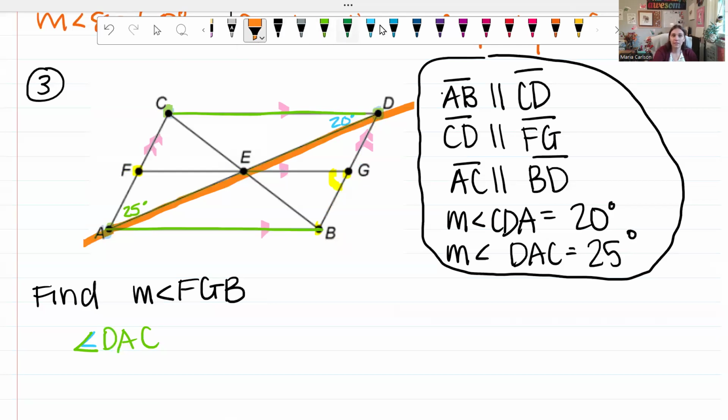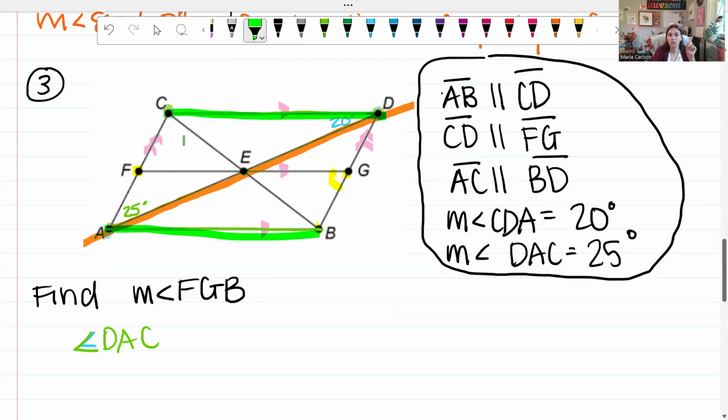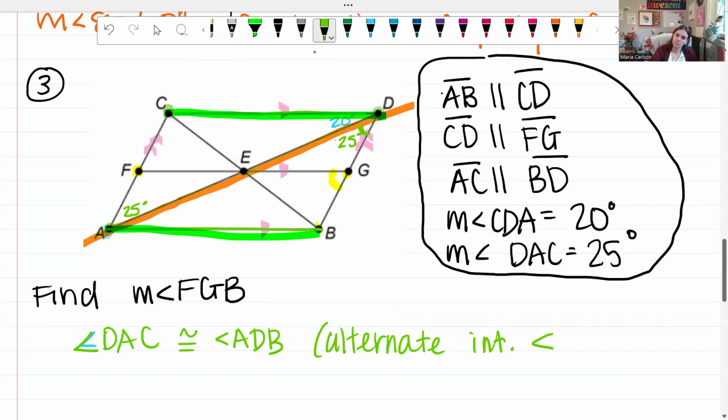So I know then that angle CAD or DAC, however you're looking at it, which is 25 degrees, has to be congruent to ADB. So this is also 25 degrees, because they are alternate interior angles. So this means then that our measure of angle ADB is 25 degrees.